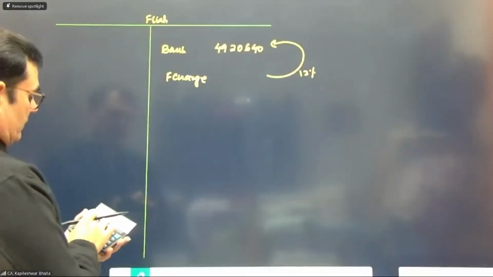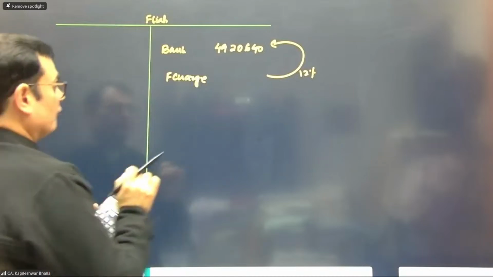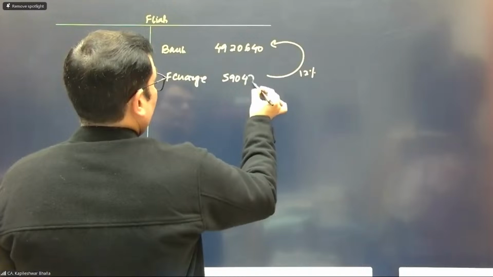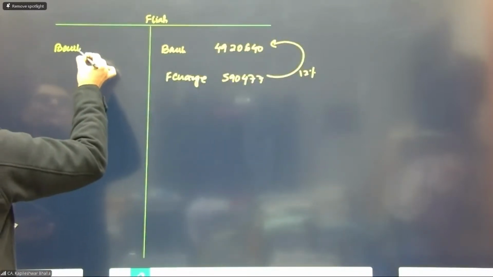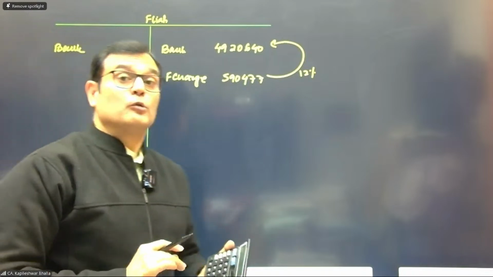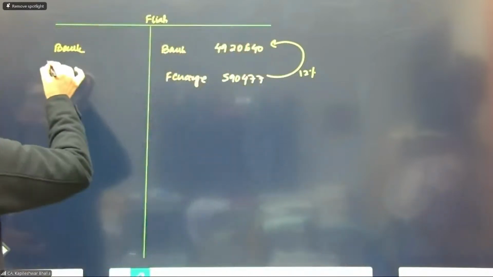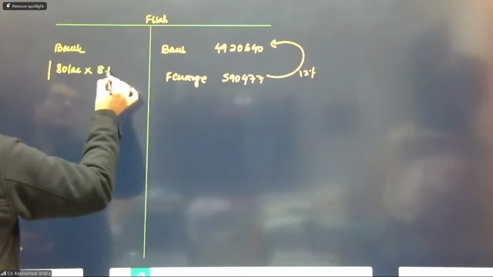So 49,20,640, 12% would mean 5,90,477. Then we make a payment, that is bank, and this will be at the coupon rate, which is at the rate of 8%. 80 lakhs, we take 8%.